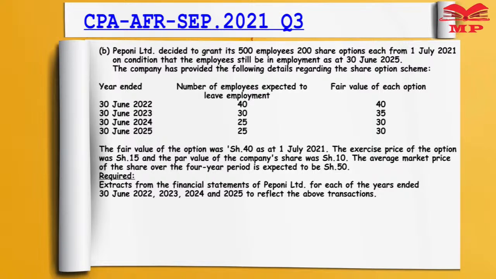The average market price of the share over the 4-year period is expected to be 50. Required: extracts from the financial statements of Peponi Limited for each of the years ended 31st June 2022, 2023, 2024, and 2025.